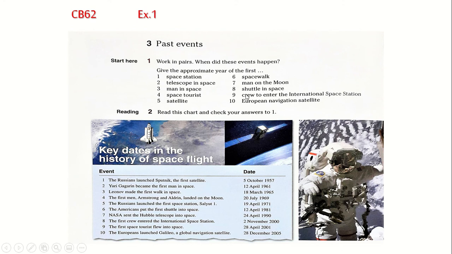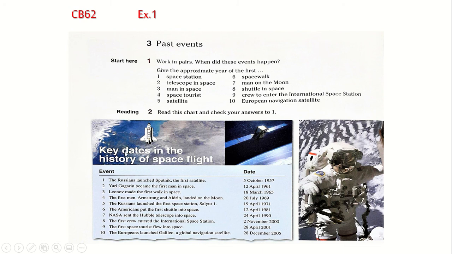And finally, the first European Navigation Satellite. Navigation Satellite قمر صناعي يستخدم في الملاحة. Okay, so we need to try to guess the dates when these things happen. When? Okay, so if we make our guess, we can read this chart and check our answers.